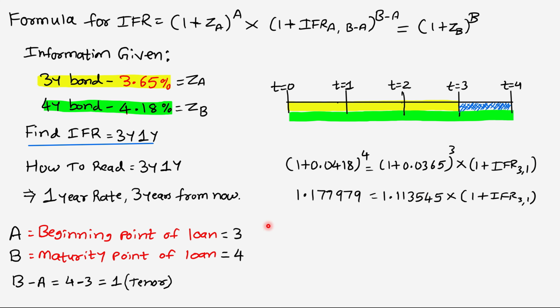And then we can calculate further. 1.17798 equals 1.11354 times the implied forward rate, and then we solve for IFR, which should give us 5.79%. Okay, so that's the implied forward rate for 1 year, 3 years from now.